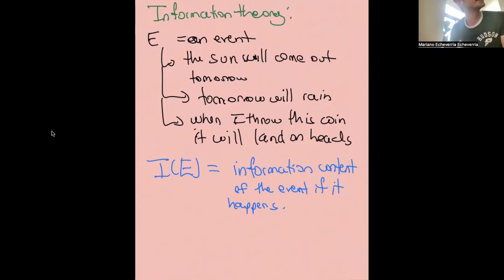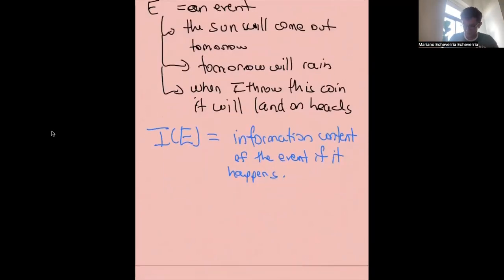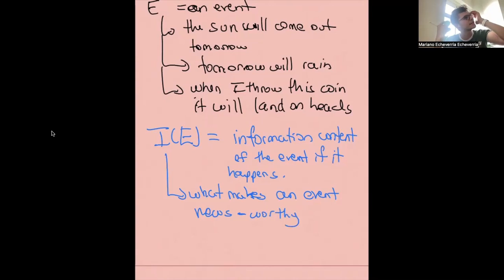So what I'm trying to say is that you should think about this information as what makes an event newsworthy. From this perspective, the more probable an event is, the less information it carries, because it's less surprising, so you are learning the least from it.